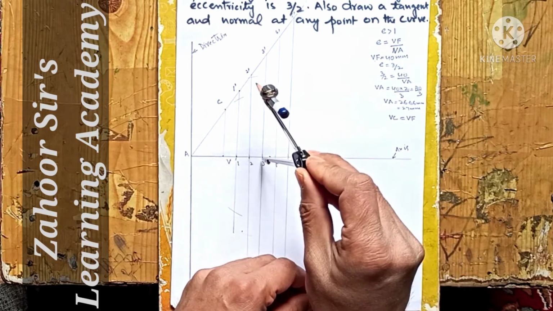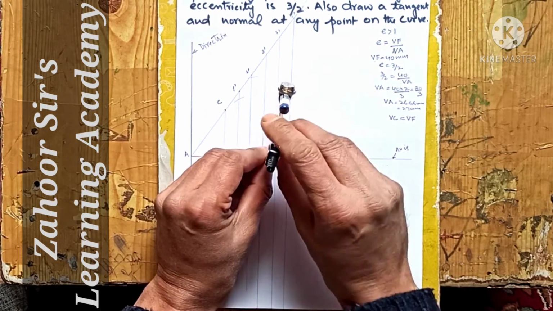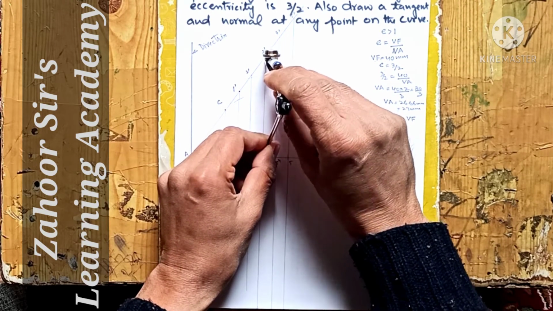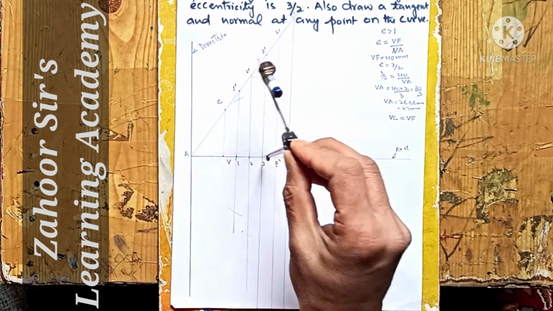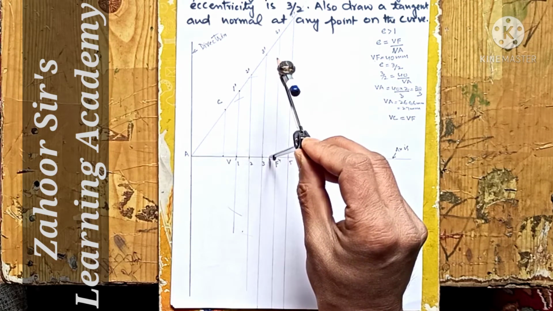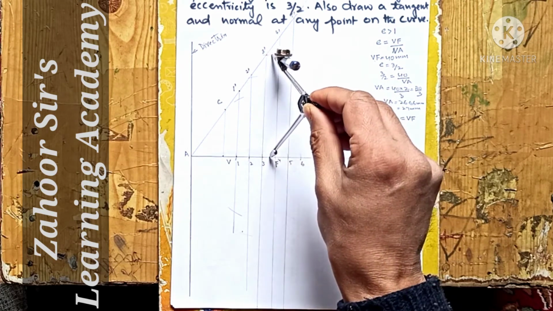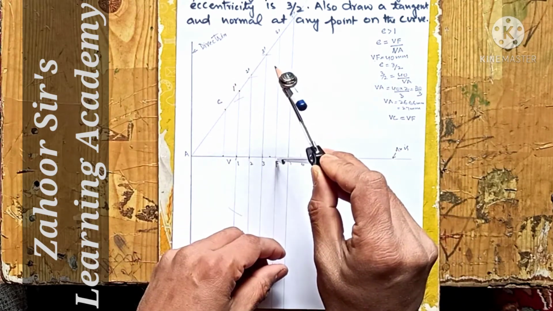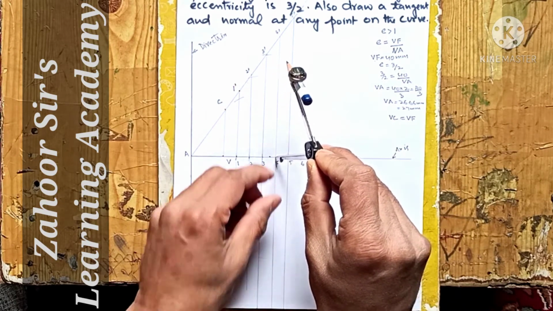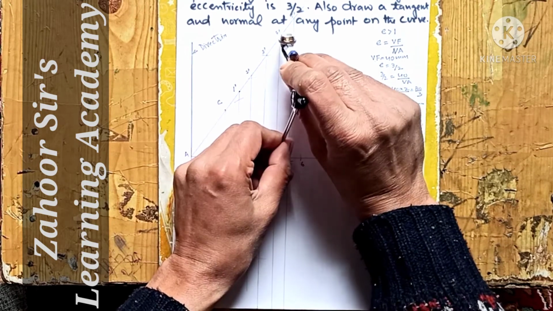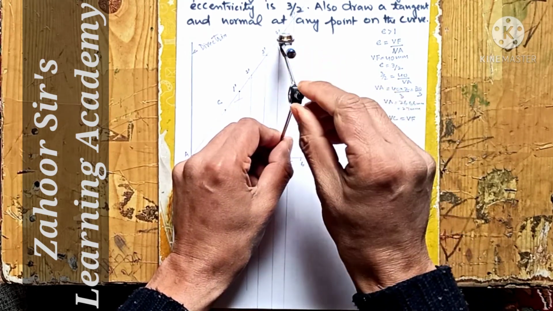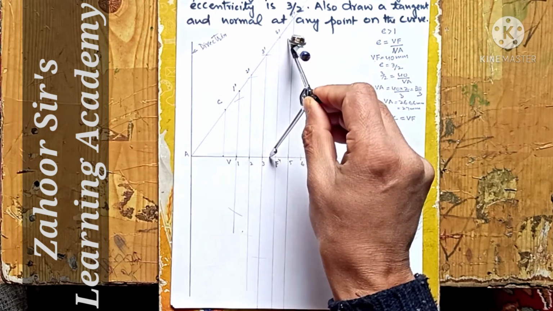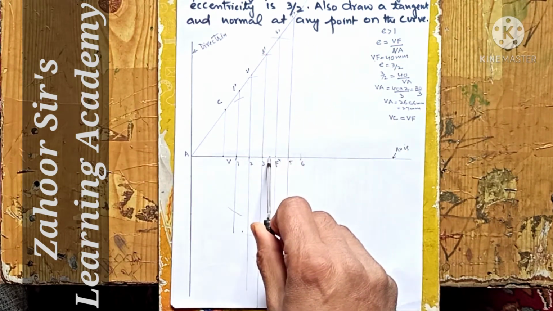The same goes for 3 and 3 prime, cutting the 3, 3 line with F as center. Now I'll go for the fourth one, keeping F as the center and cutting this line.